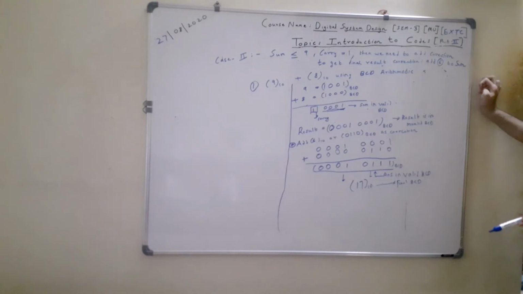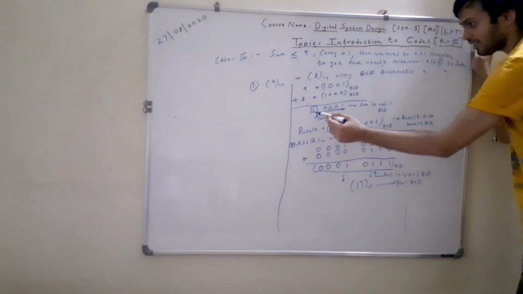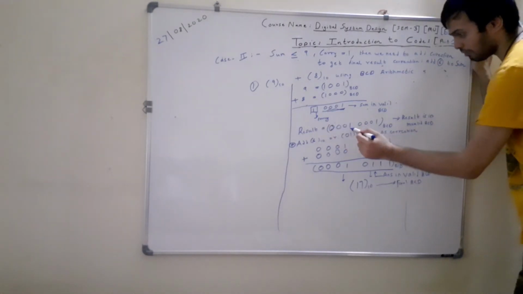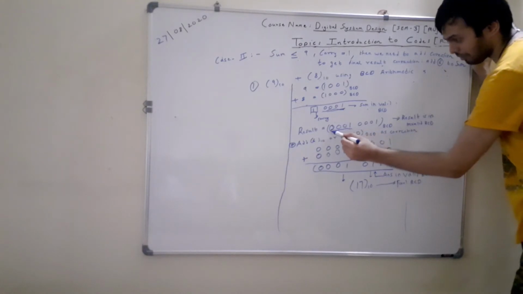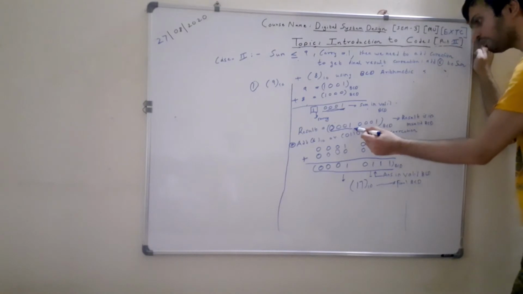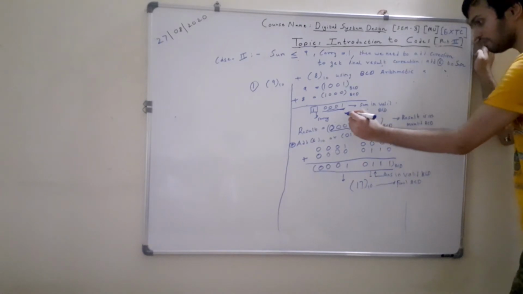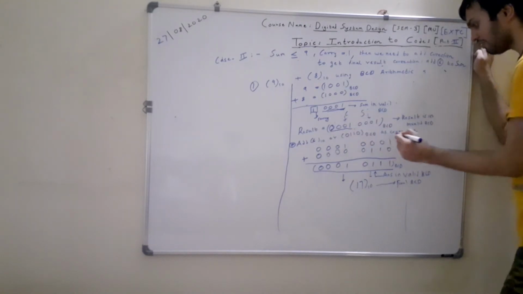But whenever you write the result of any addition, you write sum and carry together as the final result. So the overall result in BCD format is this carry which was generated, which I want to represent in 4 bits because we are talking in terms of BCD. So I have written 0001, and this sum part also I have written over here. So this is the sum, this is the carry, and this is your actual result.